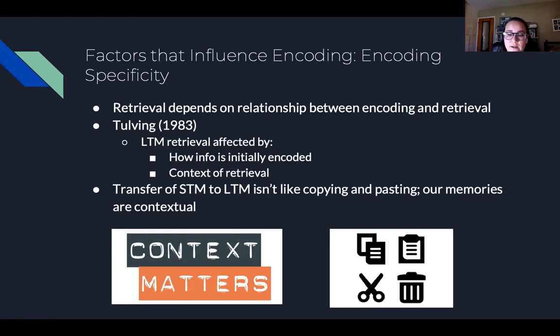And in another study, Tulving carried out a study with another researcher named Thompson, and they found that items aren't just encoded in our memory in isolation, devoid of anything else, but our really rich memory representations include the context of the item's encoding.